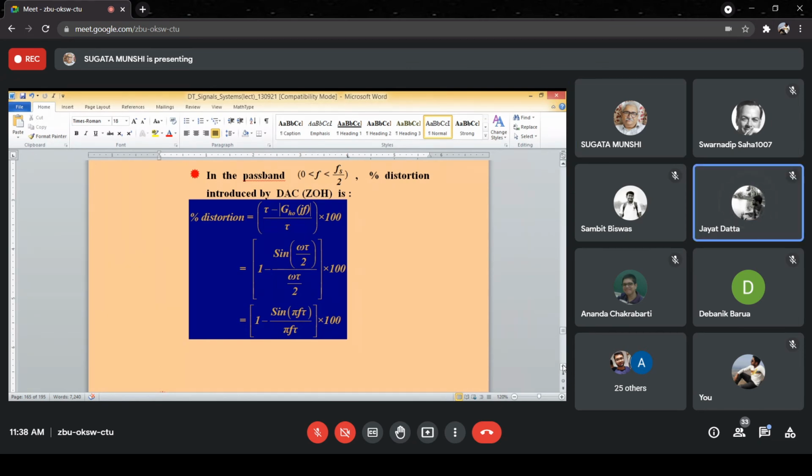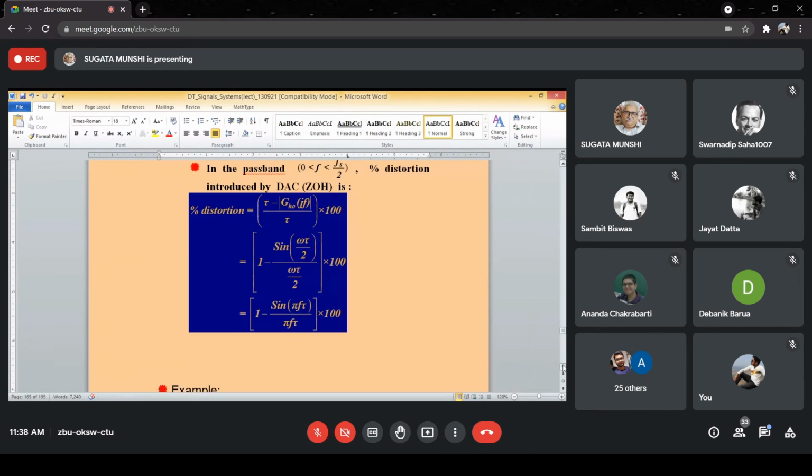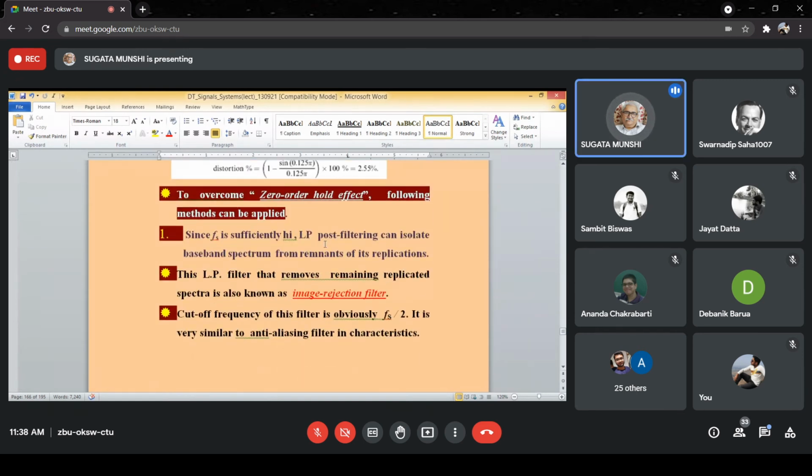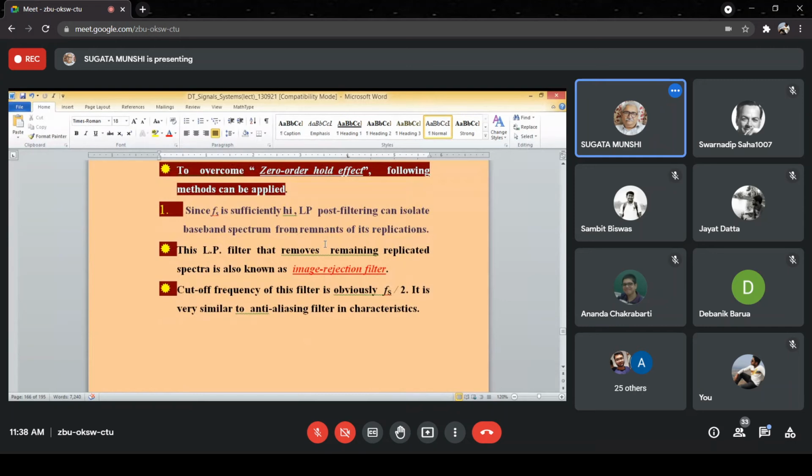Now, overcoming the zero order hold effect. Because the sampling frequency is sufficiently high, low pass post filtering, that means placing an analog low pass filter after the DAC, as you have pointed out, can isolate the baseband spectrum from the remnants of its replications.